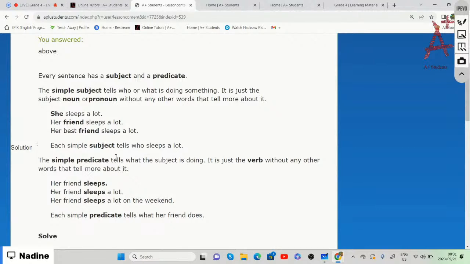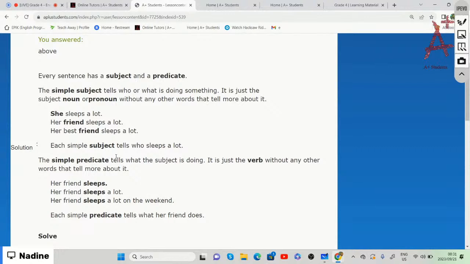A simple subject tells who or what is doing something. It is just a subject noun, or it is the pronoun, without any other words that tell us more about it.